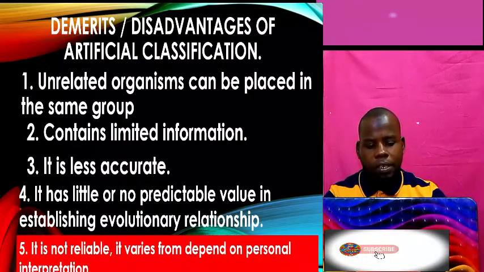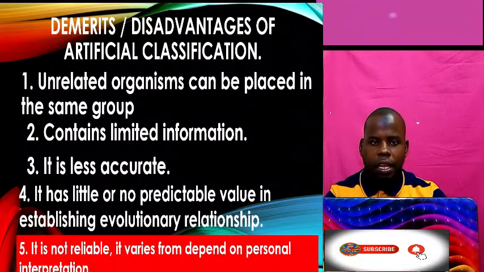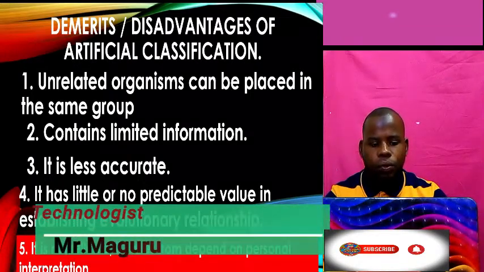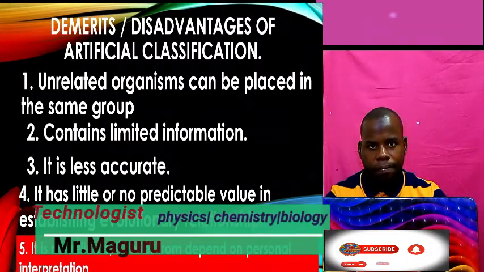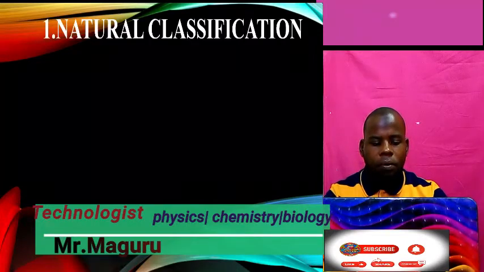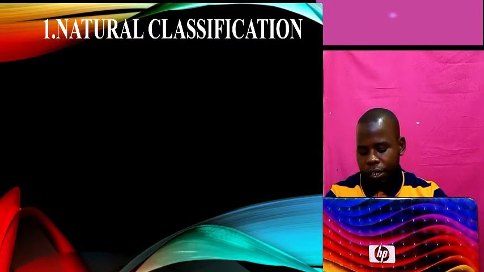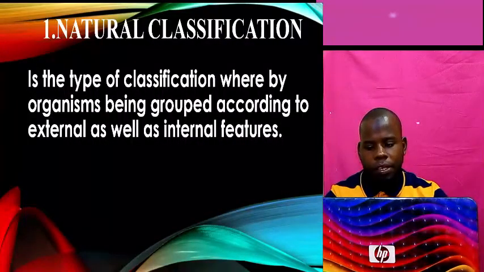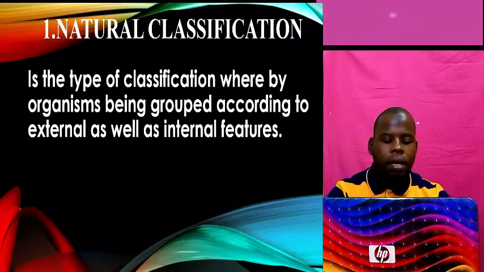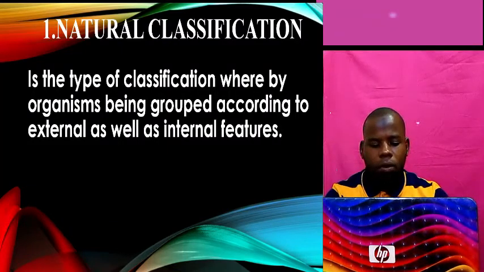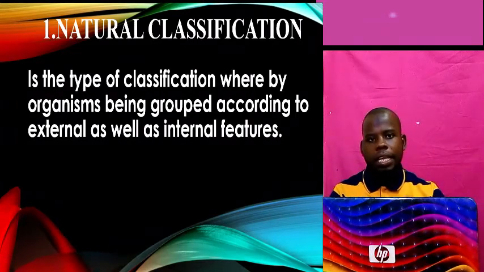Apart from the merits and demerits of artificial classification, let's proceed with natural classification. What is natural classification? Natural classification is a type of classification whereby organisms are grouped according to external as well as internal features. So we study the outside and the inside.